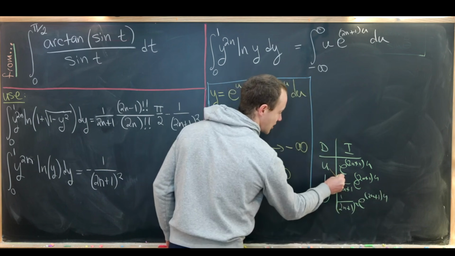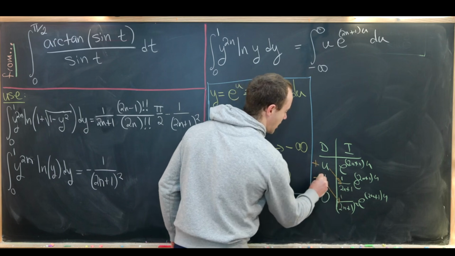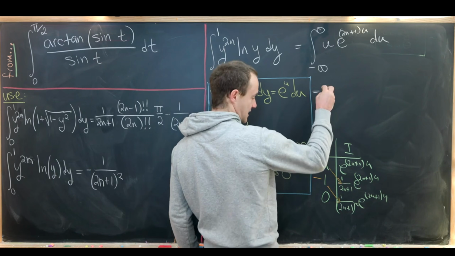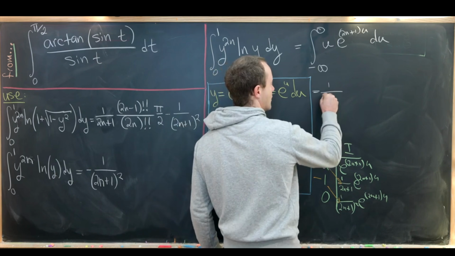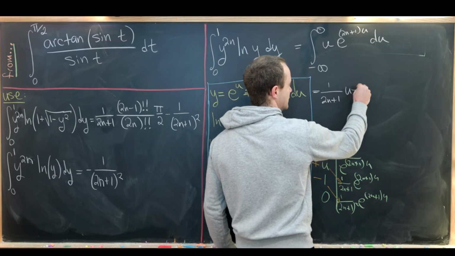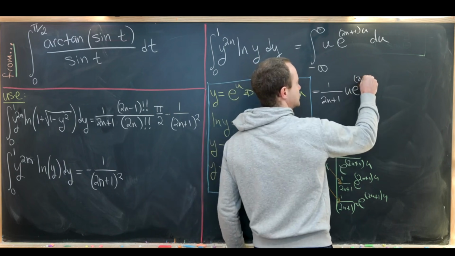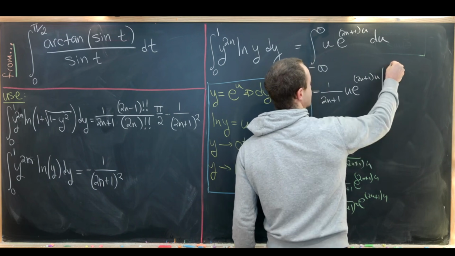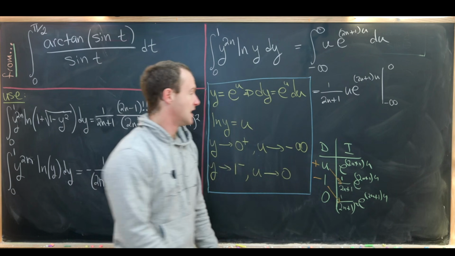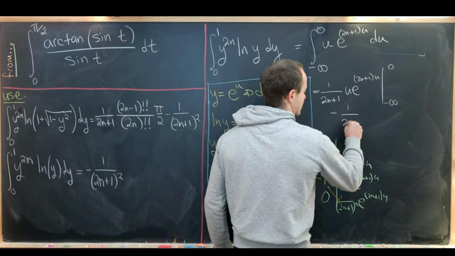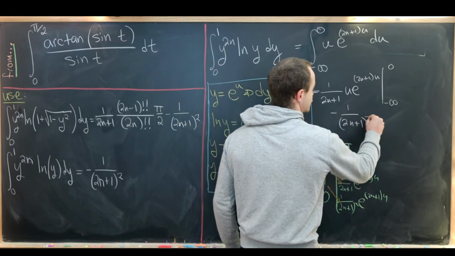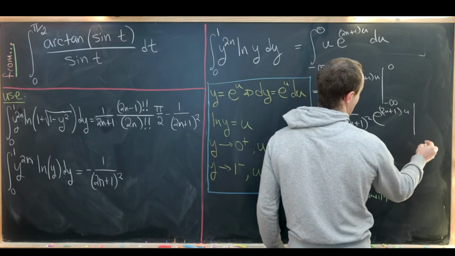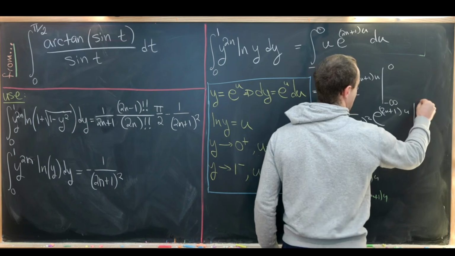Then we match on the diagonal and alternate the signs. So that tells us this thing looks like 1 over 2n plus 1 u times e to the 2n plus 1 times u, evaluated from minus infinity up to 0, and then minus 1 over 2n plus 1 squared e to the 2n plus 1 times u, evaluated at minus infinity and 0.